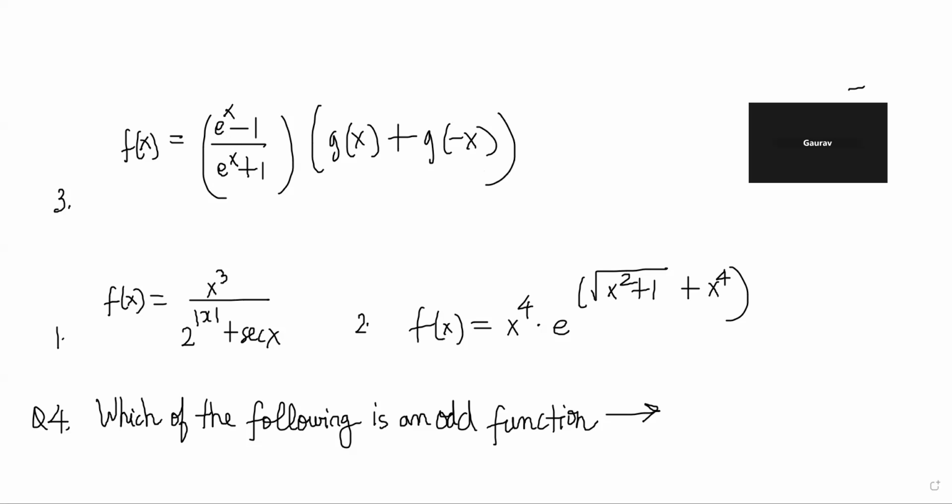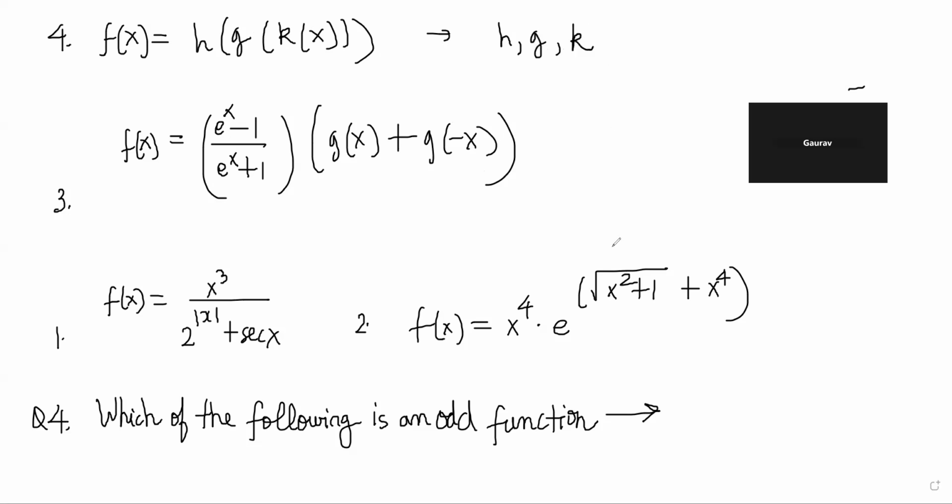And finally, the fourth function is f of x is equal to h of g of k of x, where h, g, and k are all odd functions.